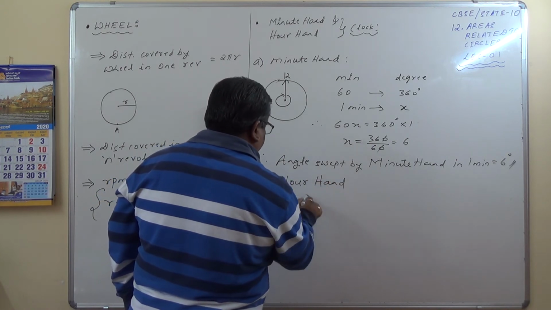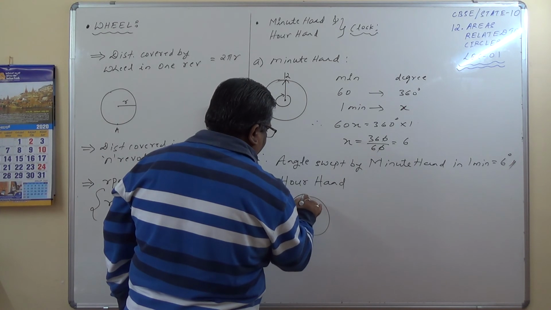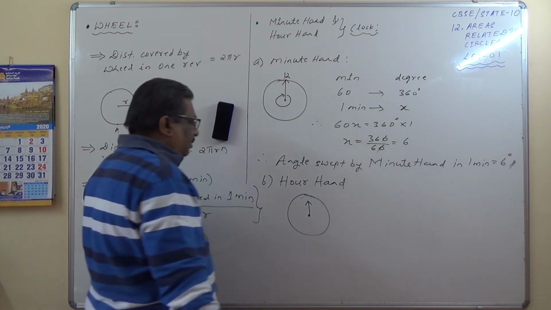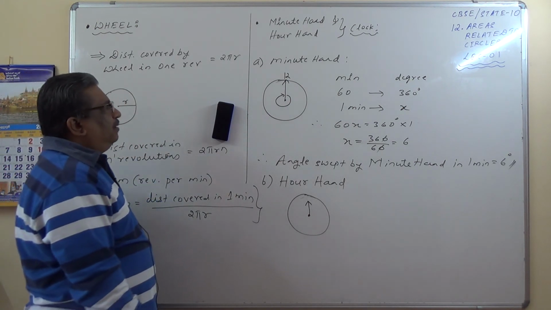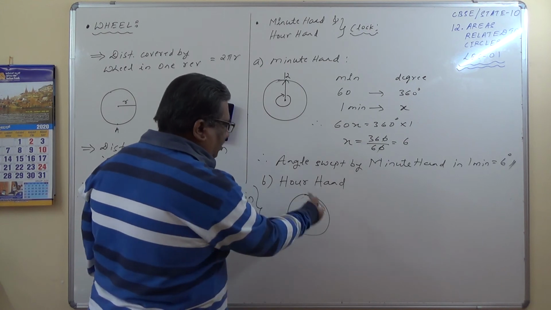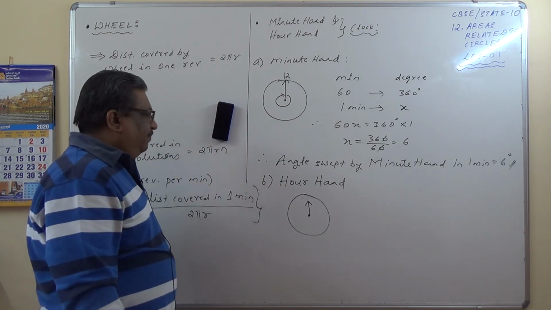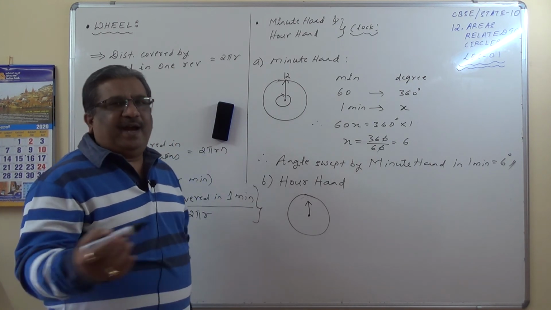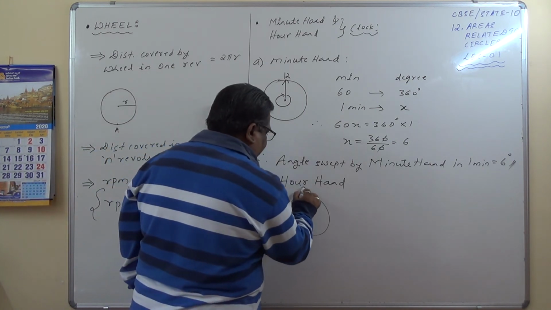It is a shorter hand. Let us take once again the clock here. So this is the hour hand. One complete revolution of this hour hand corresponds to how many hours? It is 12 hours.